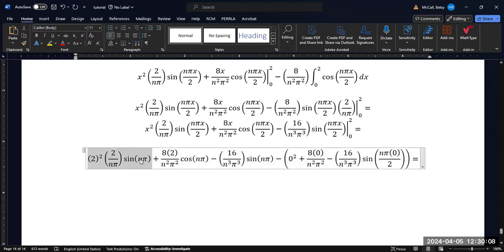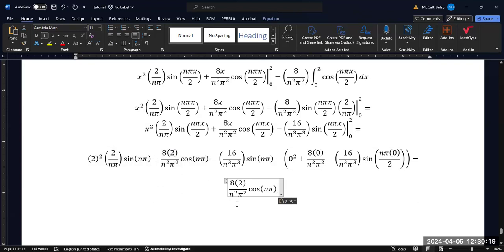So this one is also 0. And this one is also 0. And so all that's left is this one that's not 0. And of course, keep in mind that cosine of n pi is equivalent to (-1) to the n. And so that's going to be our a sub n coefficients.